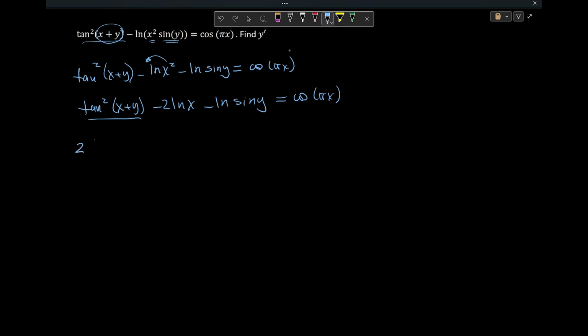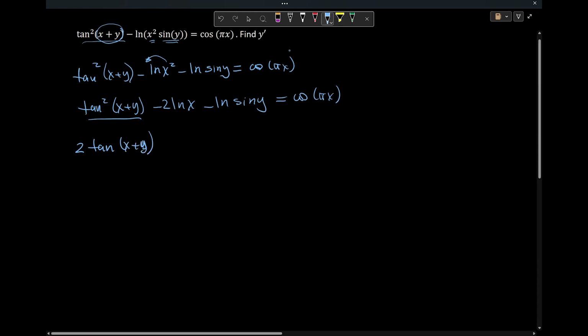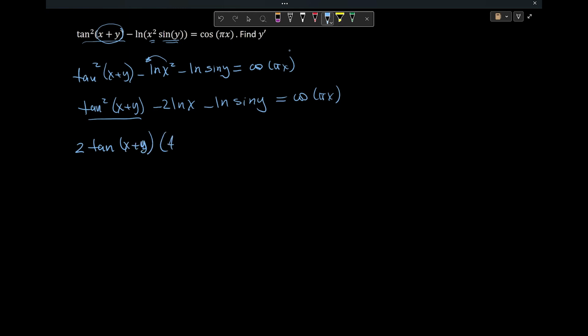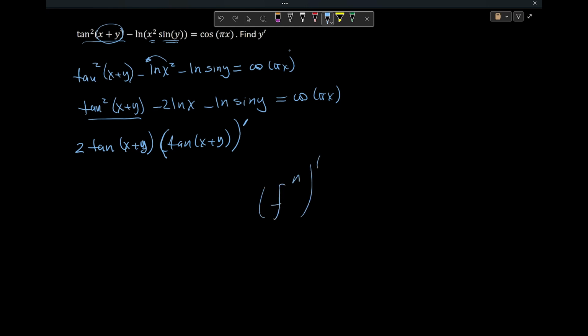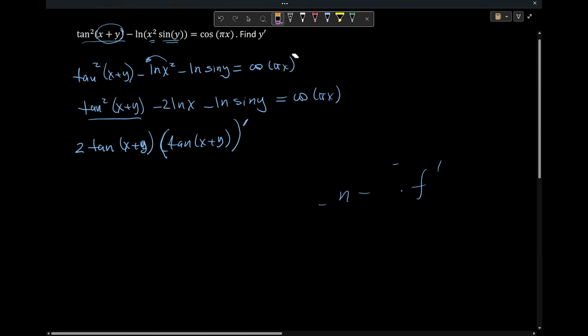I drop the power, tangent to one less power, times the derivative of the tangent. Just a generalized power rule with the tangent. f to the n prime is n f to the n minus 1 times f prime. f happens to be the tangent.